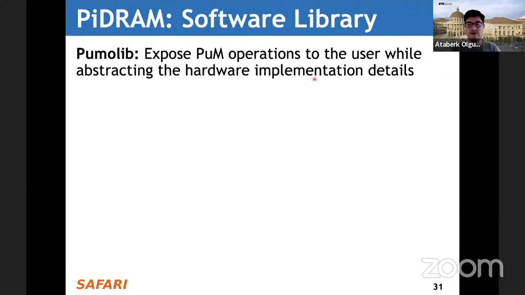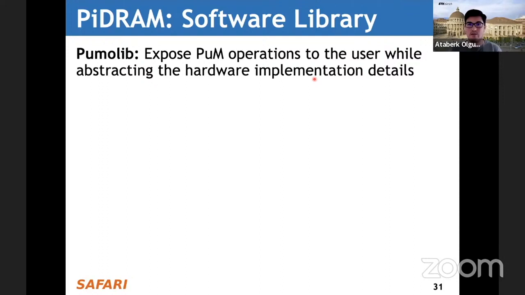So on the software side, we have our first software library. We call it PIMolib. It exposes PIM operations to the user while abstracting the hardware implementation details. What I mean by that is we decided to implement the communication between the PIM operations controller and the CPU using memory mapped interfaces, but this can be changed in the future, and new ISA instructions could be used to perform the communication.